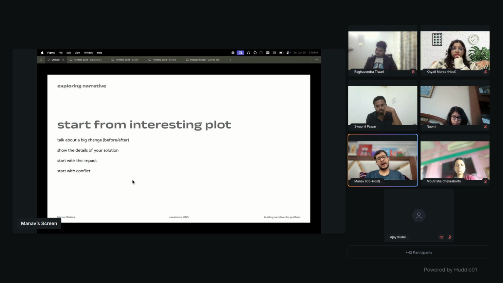Maybe you can start with the impact, or you can start with the conflict. This was the problem statement, and as we started solving it, these were the two directions. I was with this direction, my PMO stakeholders were with that direction. This is a story of how we came to a common consensus and then delivered a solution.